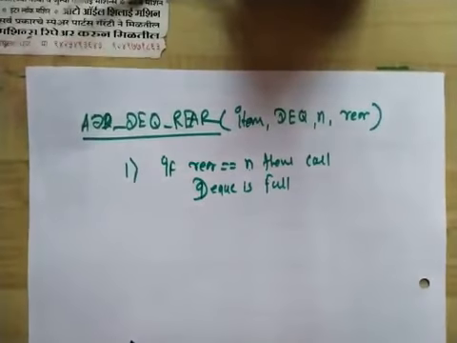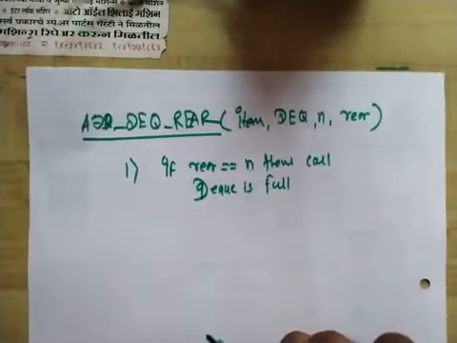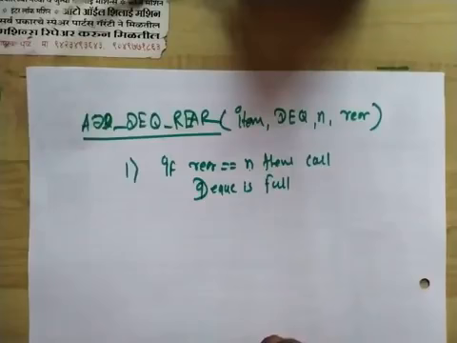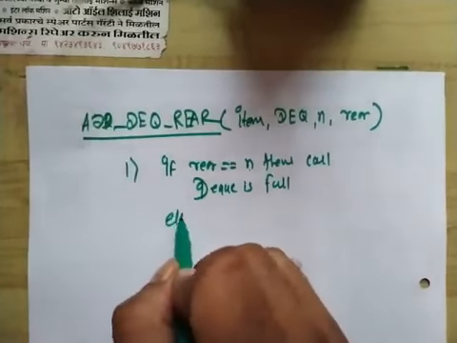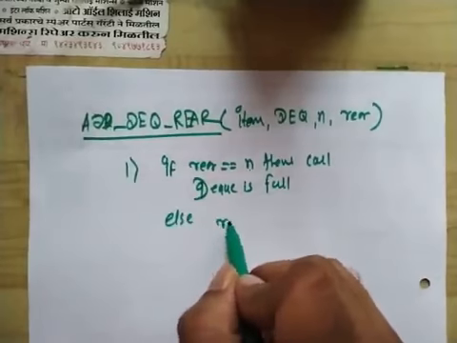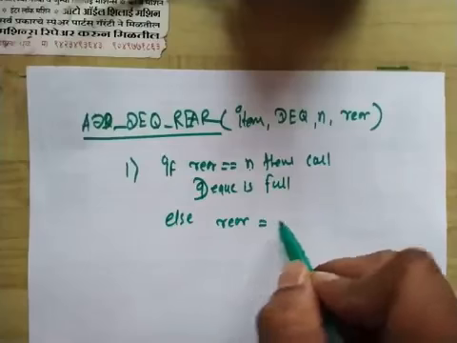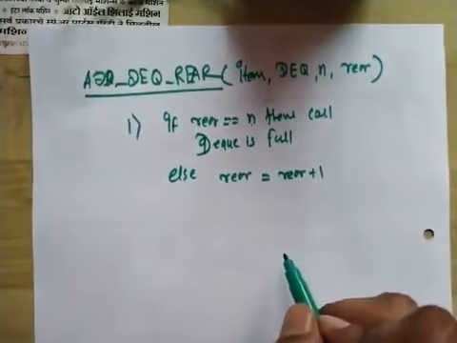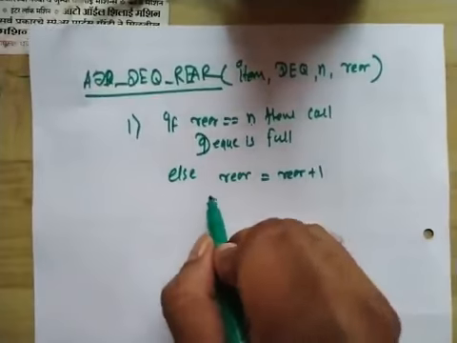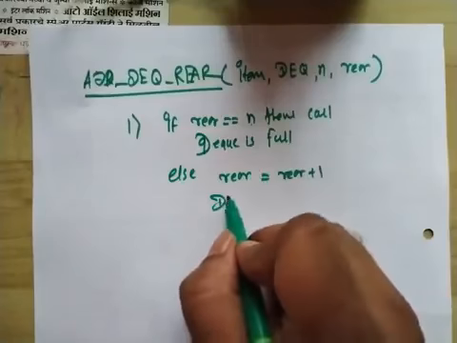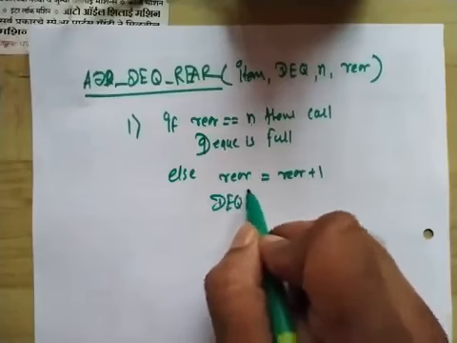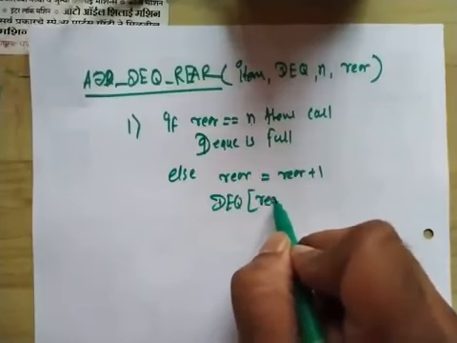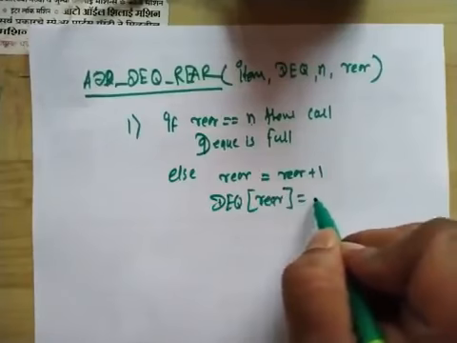Very simple. If rear has reached the maximum size of the array, that means the queue is full. If it is not, else rear is equal to rear plus 1. We are going to increment rear by 1, and in DQ we are going to insert that atom at the rear position.